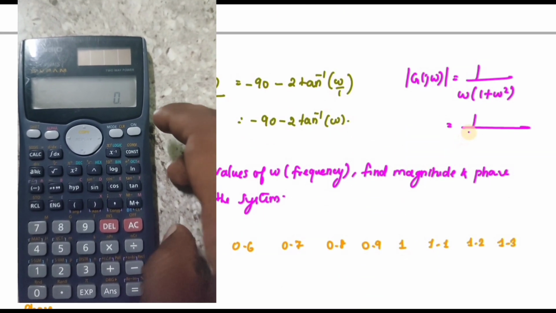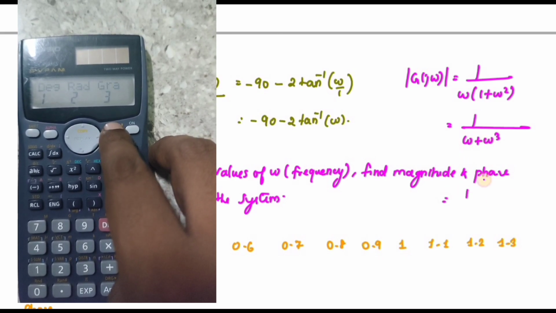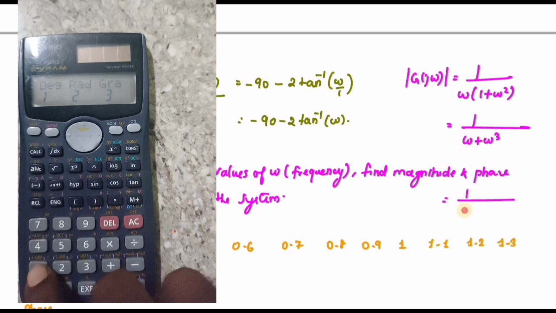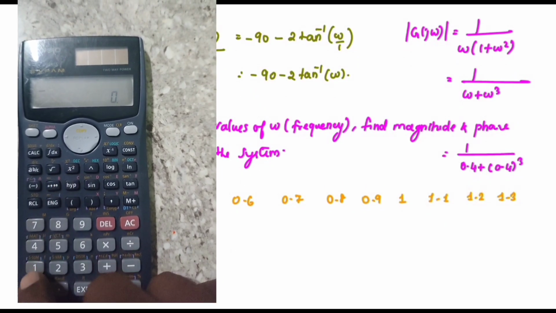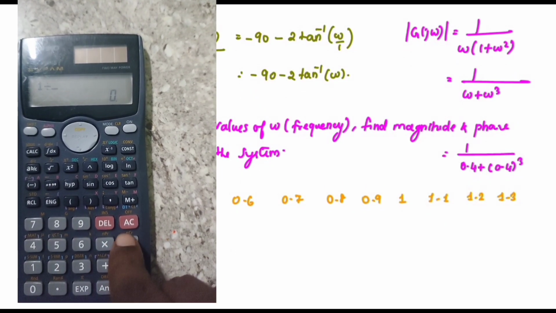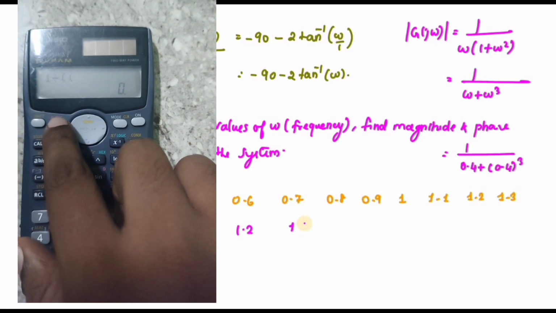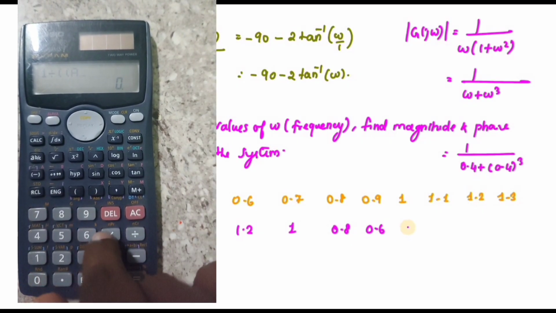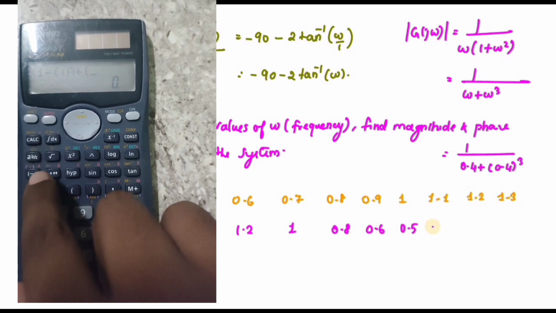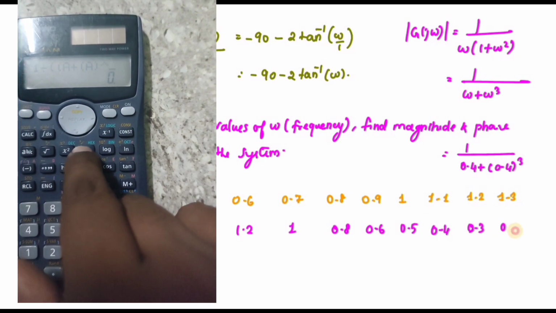So let's see how to do the problem with the help of a calculator. The first step is to go to mode and select degree by pressing 1. Then press 1 divided by open braces, 2 open braces, then alpha, constant, here the value as A, plus open braces and close braces, inside that you write A power 3 and close braces.